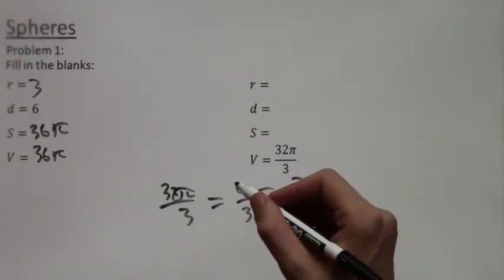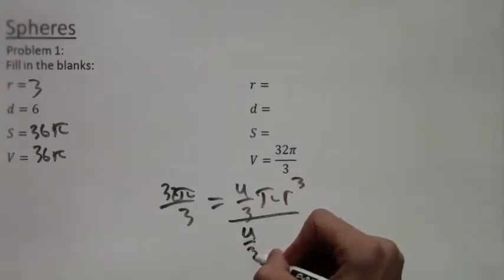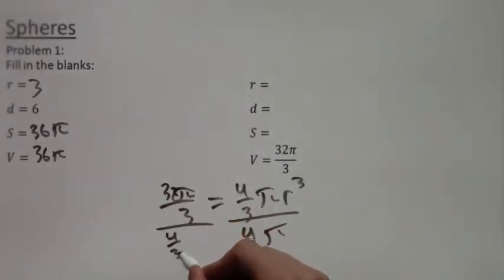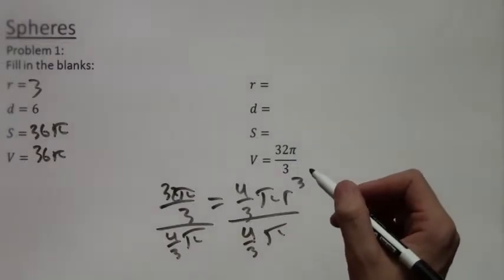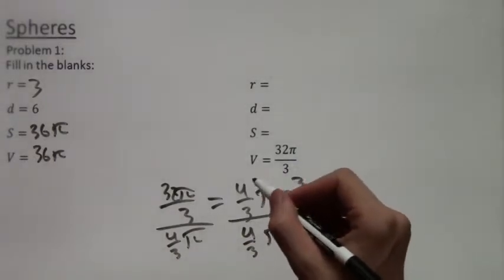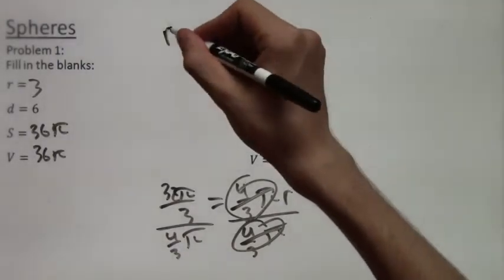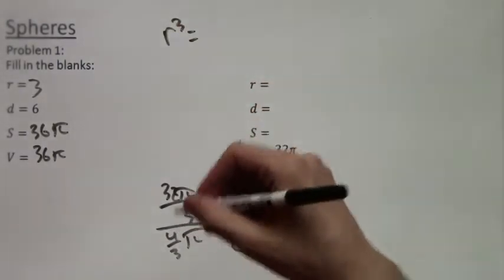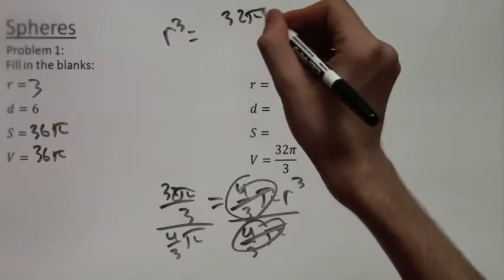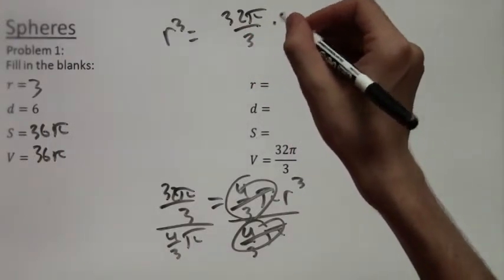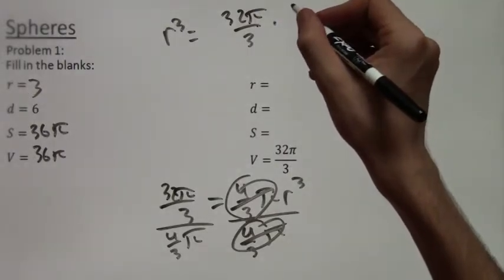So first things first, we can simply just divide both sides by 4/3 pi, and on the right side, that will cancel everything except for the r cubed. And now let's figure out what happens on the other side of the equation. So we have r cubed equals 32 pi over 3. And then remember, when we divide by a fraction, we're multiplying by the reversed fraction.